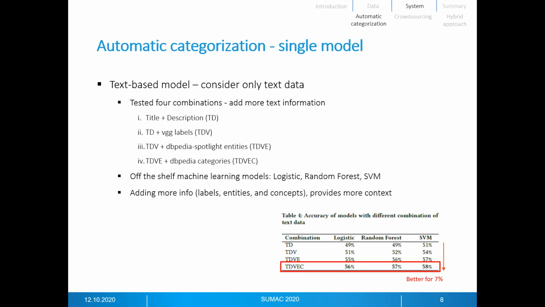While the accuracy of the 3 chosen models are similar, the SVM achieved the highest strict accuracy of 58%. Our initial assumptions that adding more information will boost the accuracy were valid, and this can be observed from the results shown in Table 4. Adding VGG classes, Wikipedia concepts, and their categories improved the accuracy by 7%, from 51 to 58%.